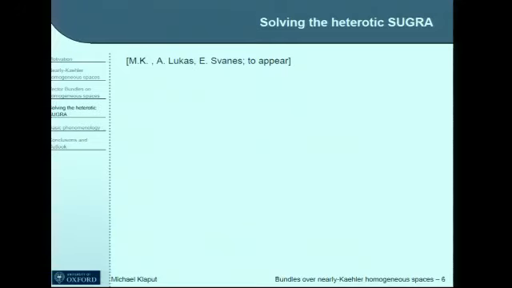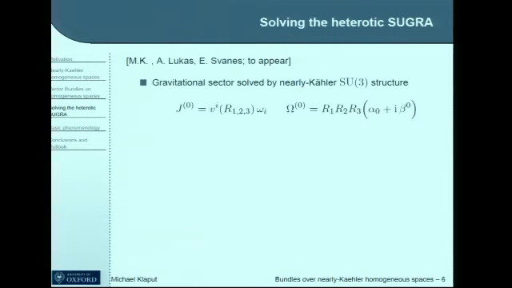All right, so now let's turn to actually solving the heterotic string. This is work which is about to appear. It was already known for some time that the Nearly-Kahler structure on these cosets can be written down like this, where I've written it out for the case of SU(3) mod U(1)^2. The other cases look very similar. So this is the Kahler form with Kahler moduli V_i, and they will be functions of these parameters R1, R2, and R3.